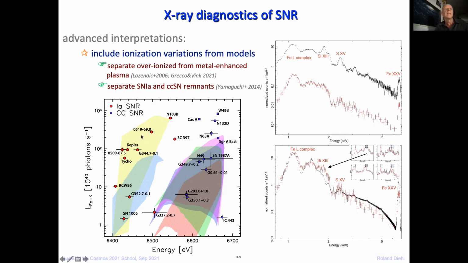And in detail, one can see in the iron lines, which is the graph shown here, that the type Ia explosions seem to show a higher luminosity on average. It's a statistical example in the iron lines compared to the core collapse events that are also expected to produce less iron. So you see that also in the plasma.